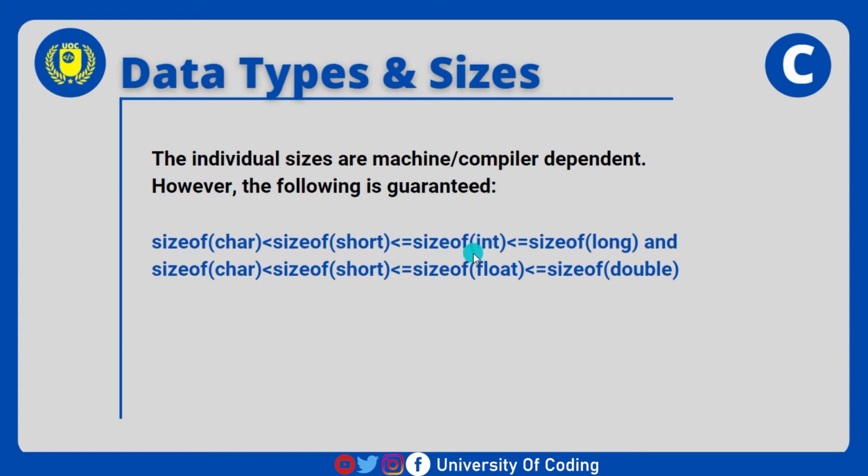Sometimes in some machines, integer will have 32 bits allocated for it. In that case, it will be equal to the size of long. That is why I have given you less than or equal to. Size of char will be less than size of short, and that will be sometimes equal to or sometimes less than size of float, and the same float will be sometimes less than or sometimes equal to the size of double.